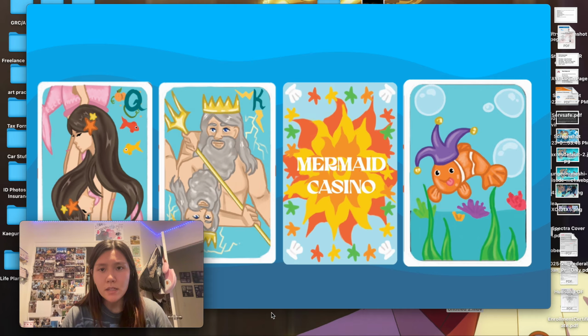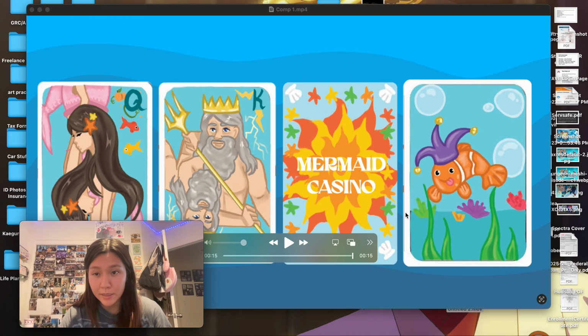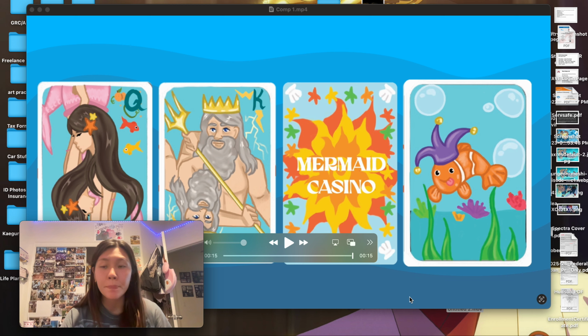The other thing is pretty much in relation to the fact that my After Effects kept crashing on me, or it wouldn't do the playbacks properly. So certain cards aren't necessarily aligned correctly with the backing of the card. You can see right here, the Joker isn't completely aligned, so the back portion is showing.